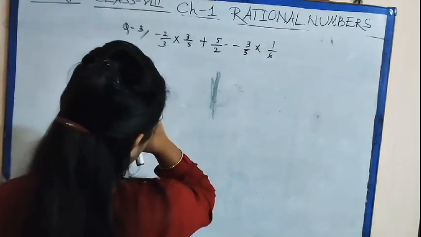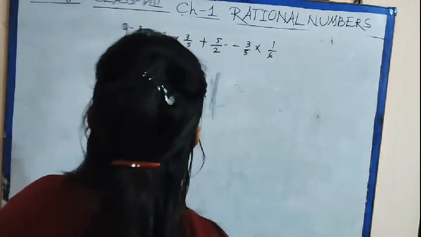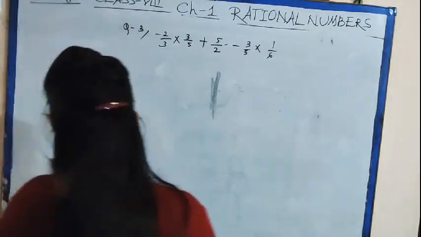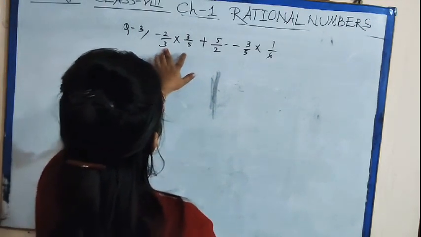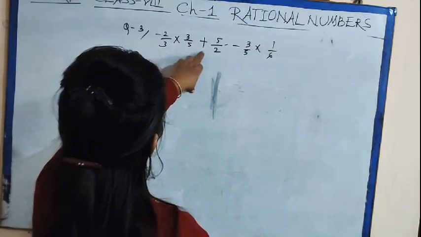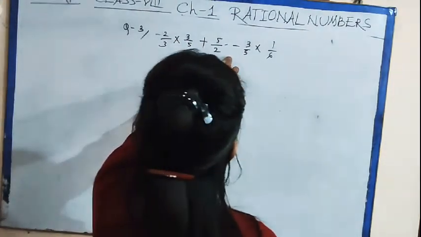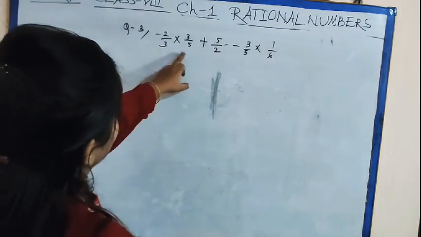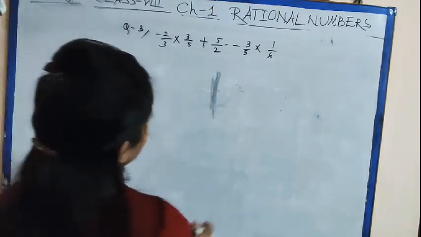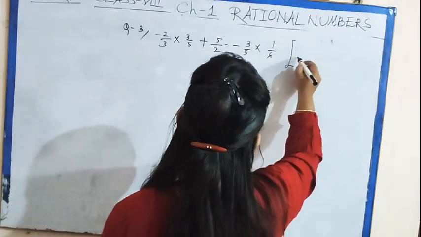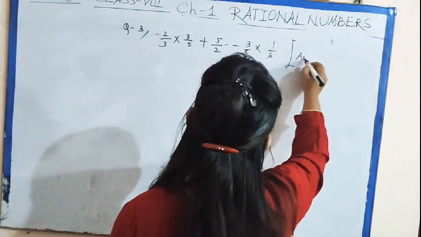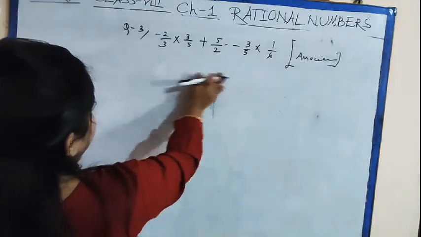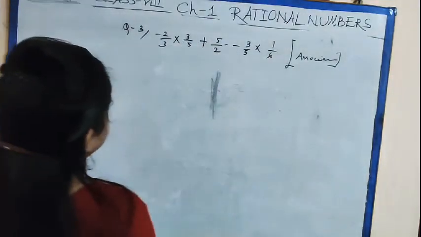Here see which property should be used here. This is minus 2 by 3 multiplied by 3 by 5 plus 5 by 2 minus 3 by 5 into 1 by 6. So there are 3 numbers, so the first one is the associative property. You should use the associative property.